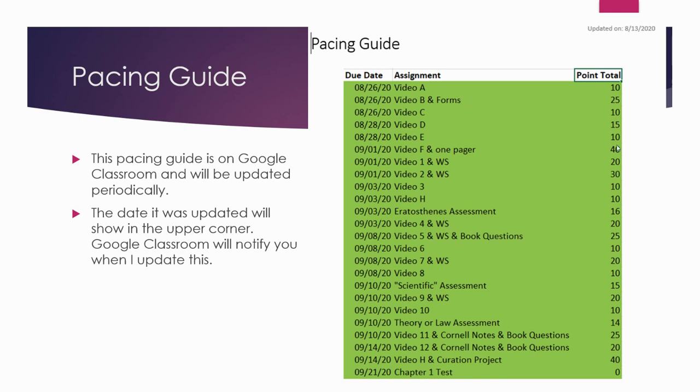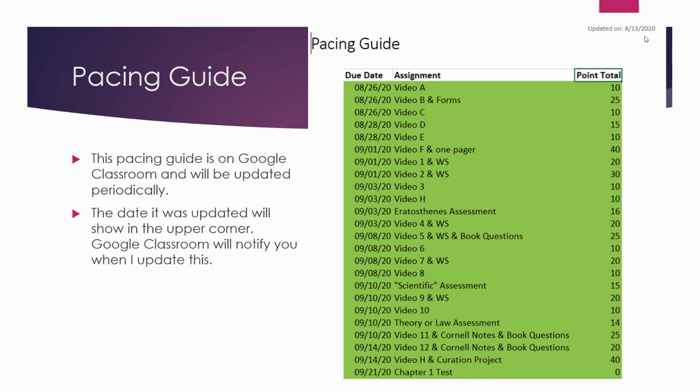Some of these will have different point values, but this in general gives you the estimated point values. The Chapter 1 test, all the way down here at the bottom, I don't have a point value for because I haven't created that test, and I don't know how many points it's going to be at this point in time.